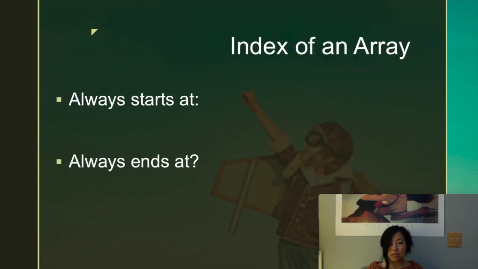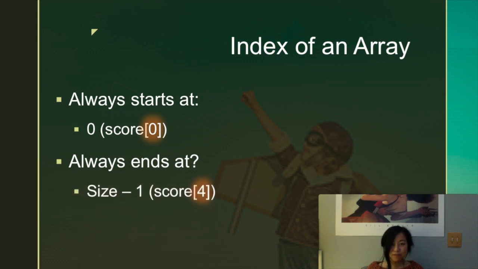So the index of an array always starts with 0. You have to remember it, because when does an array end, when we start with 0? We end with 1 less than the size of an array. When we have an array of 5 elements, we would end with what? 4.